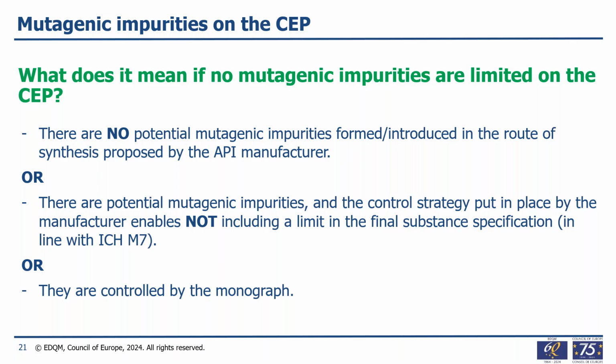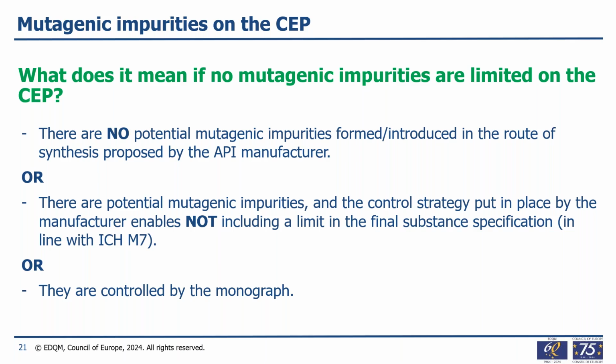But what does it mean if no mutagenic impurities are limited on the CEP? This means that either there are no potential mutagenic impurities which can be formed or introduced in the specific route of synthesis applied by the API manufacturer, or there are potential mutagenic impurities, but the control strategy put in place by the manufacturer enables not including a limit in the final substance specification.